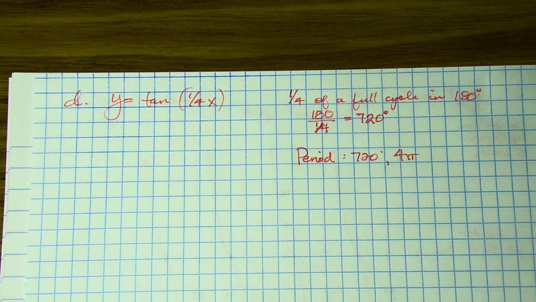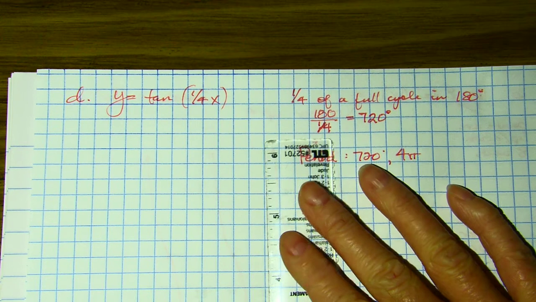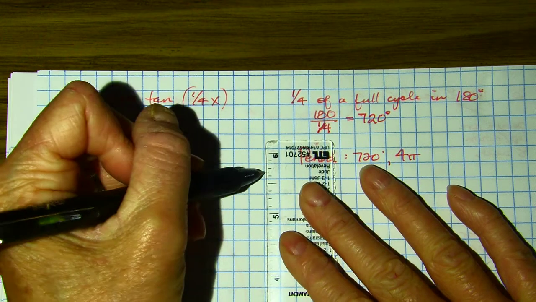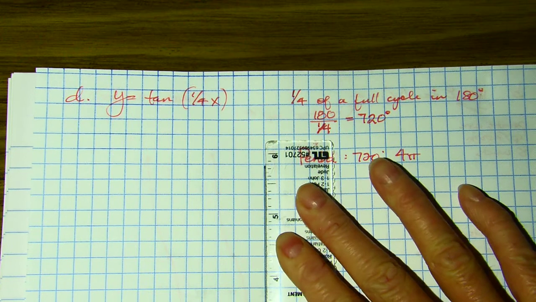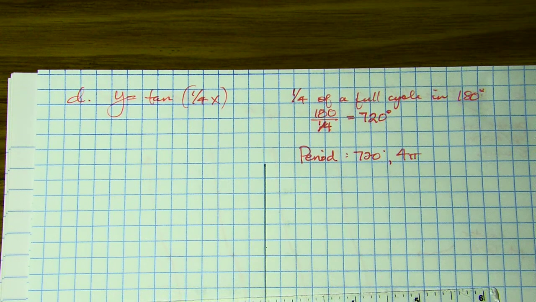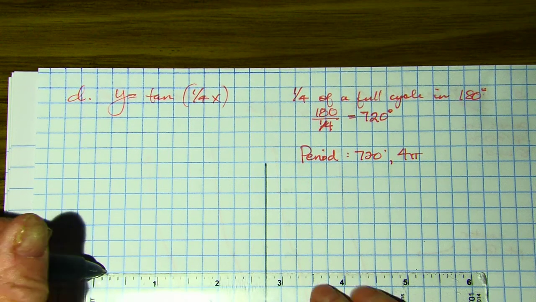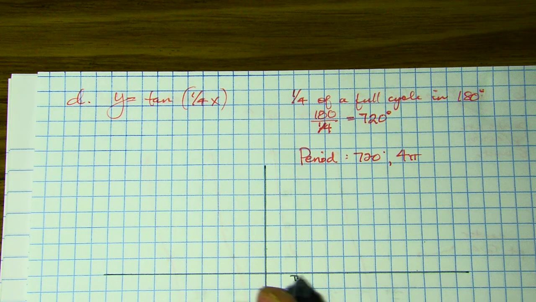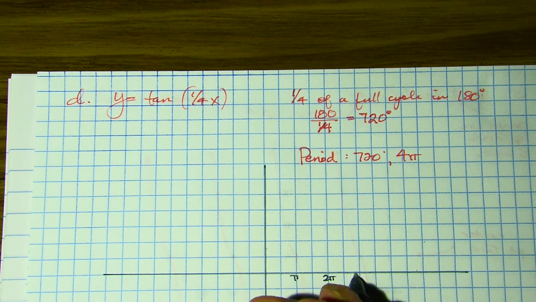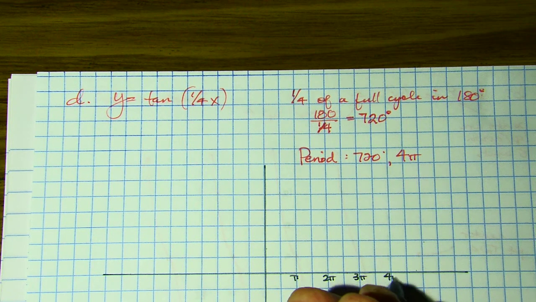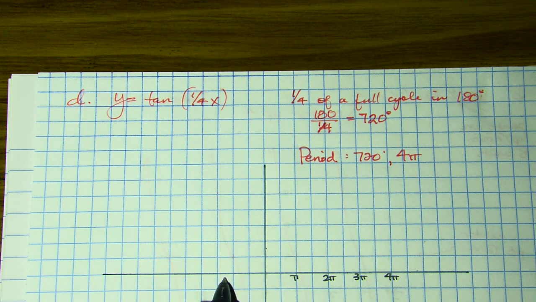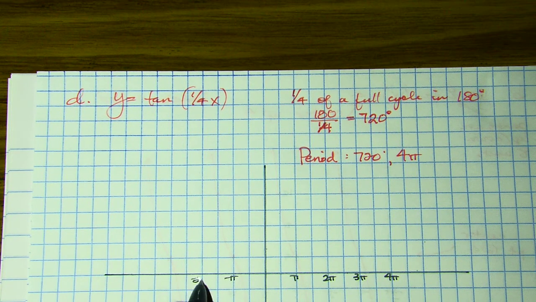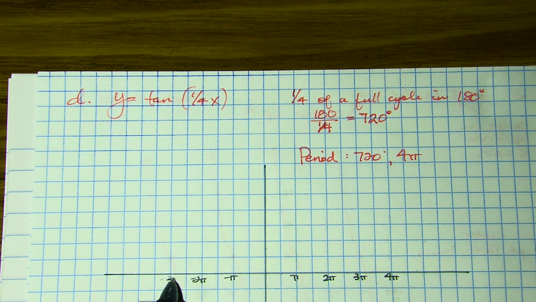So the way that I'm going to spread this one out so that you can see that there's only 1/4 of a cycle in 180 degrees. Okay, so I'm going to do pi, 2 pi, 3 pi, 4 pi. Negative pi, negative 2 pi, negative 3 pi, negative 4 pi.